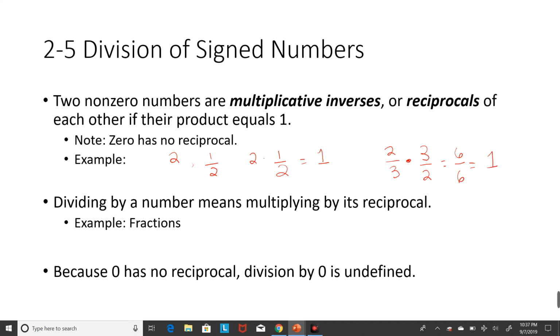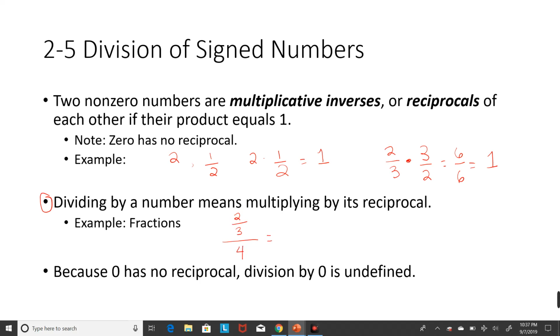Dividing a number means multiplying by its reciprocal. So an example is usually with fractions. So say you want to take 2/3 and you want to divide it by 4.